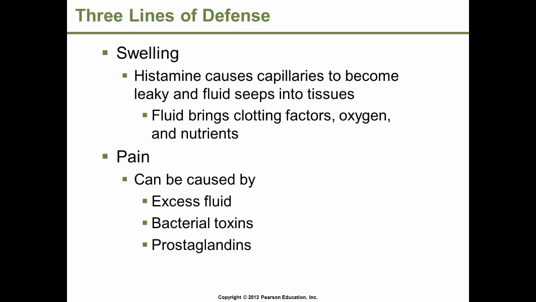The pain can be caused either by the excessive fluid, possibly pressing up against a nerve, bacterial toxins, which might kill cells, or prostaglandins, which are lipid molecules released by many plasma membranes that cause smooth muscle contraction.